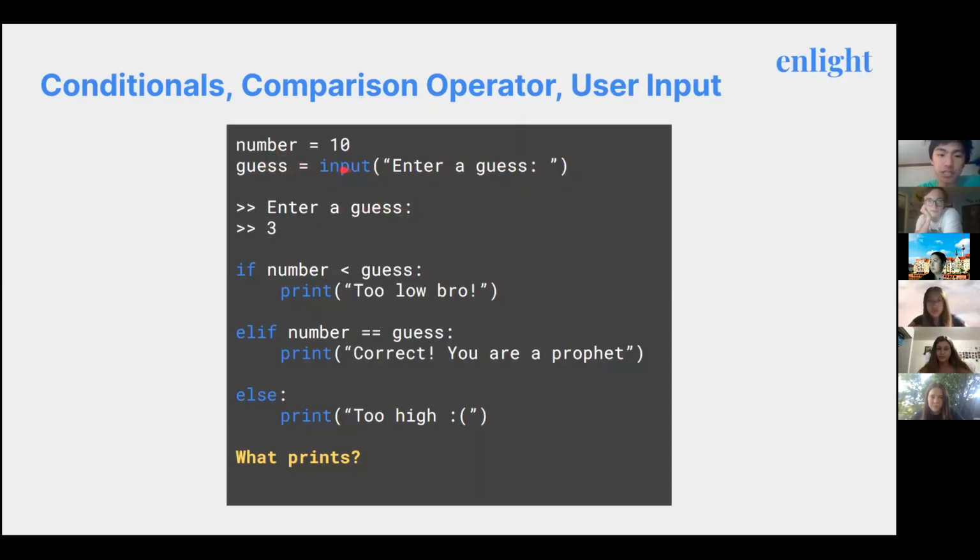So for instance, if I actually ran this code, it would print, you know, enter a guess, and then this line here would be the user typing in 3, okay? Now let's go through an if statement. This is the conditionals and the comparison operator. We have an if statement here, and something called a comparison operator.